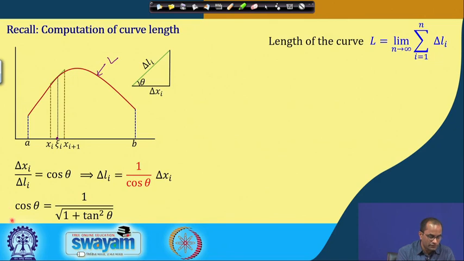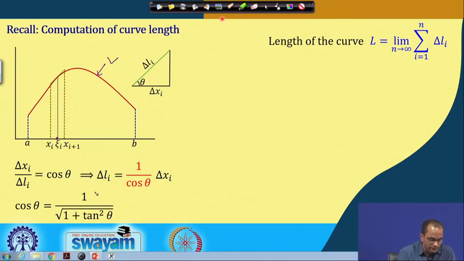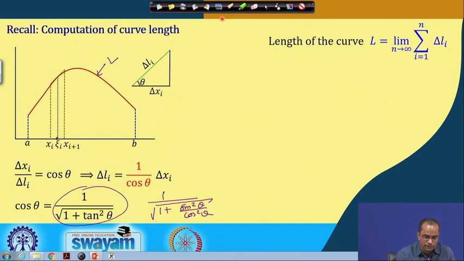Now, for this cos theta, from the trigonometric identity we have cos theta equal to 1 over the square root of 1 plus tan square theta. This is nothing but cos theta, because 1 plus sin square theta over cos square theta becomes 1 over cos square theta, since cos square theta plus sin square theta is 1, and the cos square theta goes to the numerator.